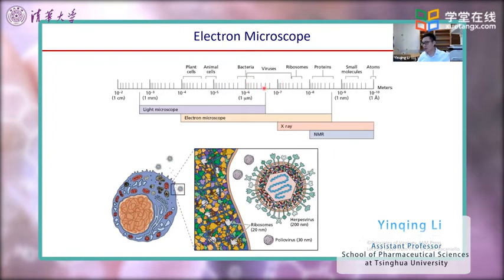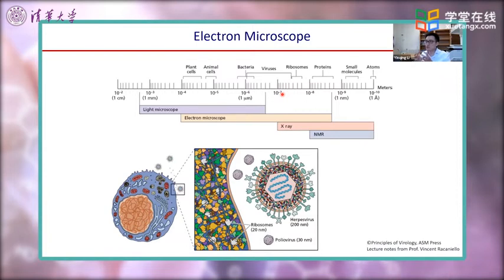Some are a little bit larger and some are even smaller. In general, it's just a bunch of proteins, so it's on the order of the size of proteins. So with a conventional light microscope, we cannot see viruses. We need microscopes such as the electron microscope to be able to see them, which provides a much higher magnification.